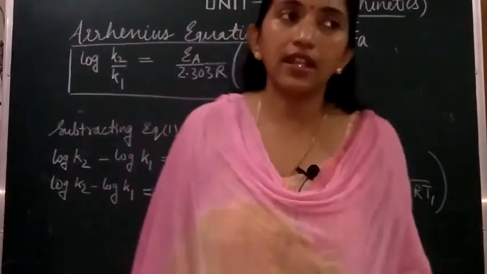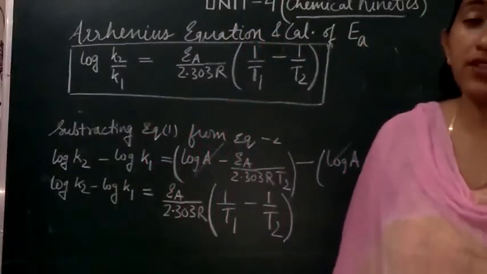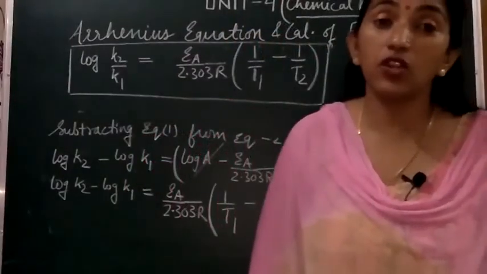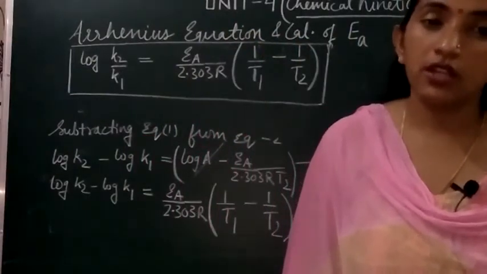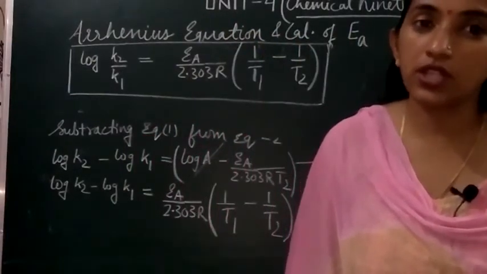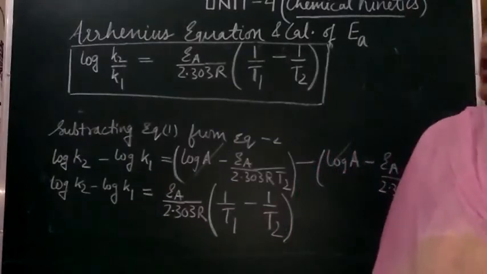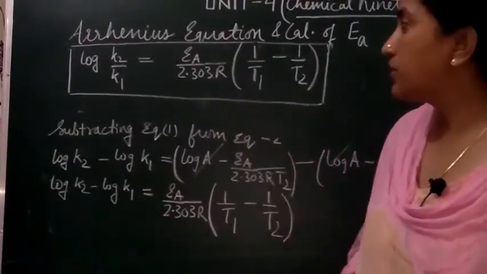So this indicates that if for a given reaction we have two different temperatures, definitely the rate constant value will change, that is, the rate of the reaction is going to change, and hence the activation energy can be calculated.